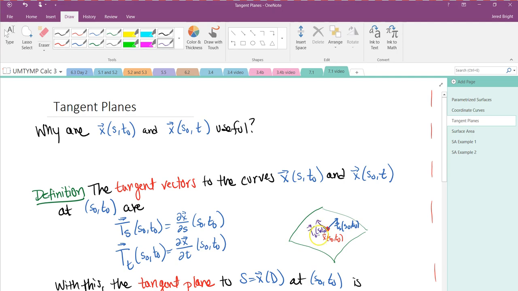I forgot a comma in there, but you get it. These two vectors are going to hopefully span the tangent plane, so from all this we get a little tangent plane right at the point. I'm going to undo that just so my picture doesn't become overly messy.